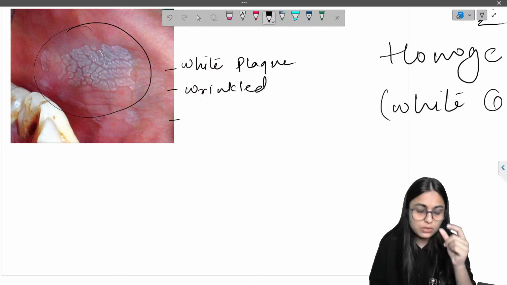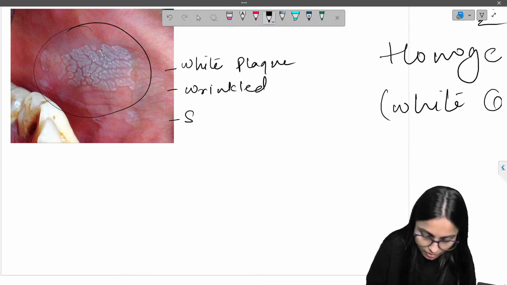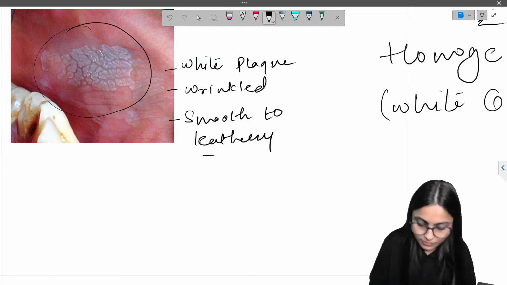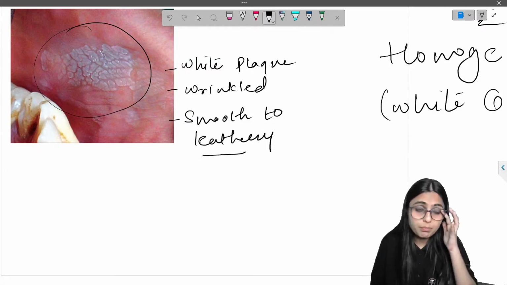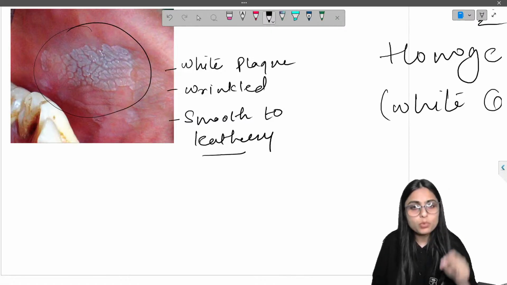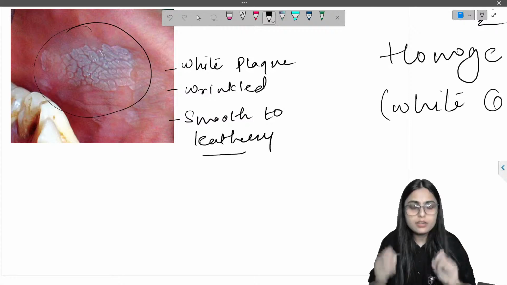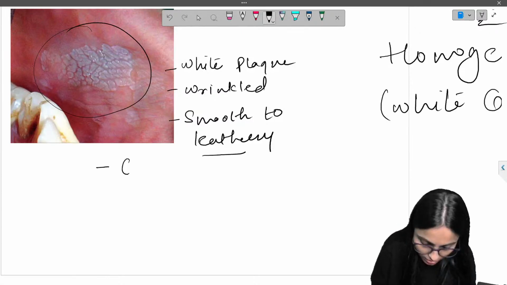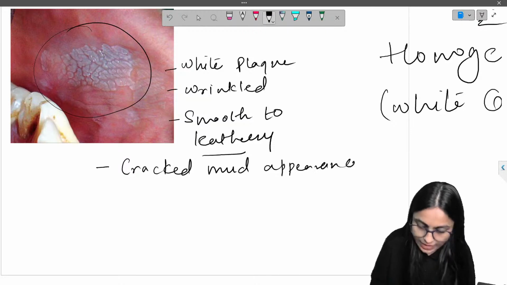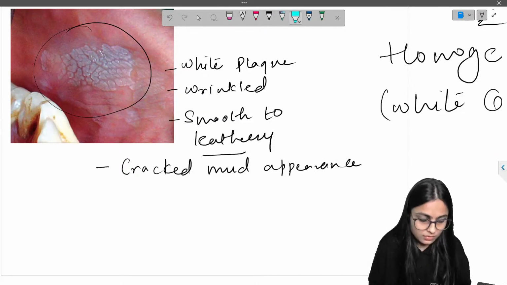Then the texture will be smooth to leathery. Texture means when you touch the lesion. Then the most important takeaway point is it has a cracked mud appearance.